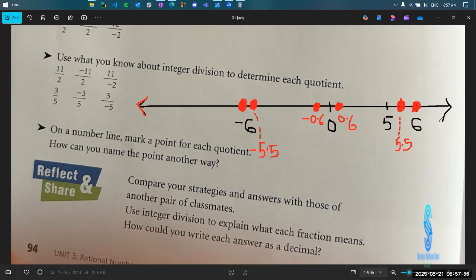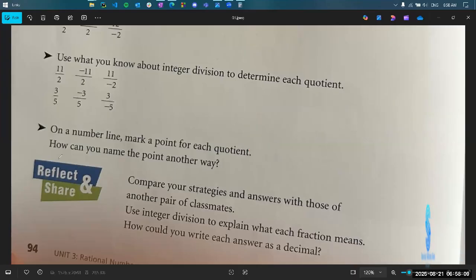So we have already solved the maths they have provided, right? Yeah. Okay. So right now what they are asking us to do is how can you name the point another way? So we need to know that particular thing afterwards.